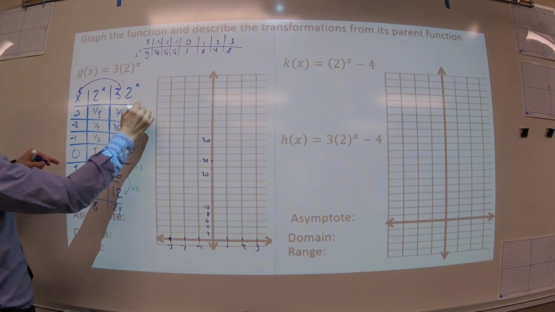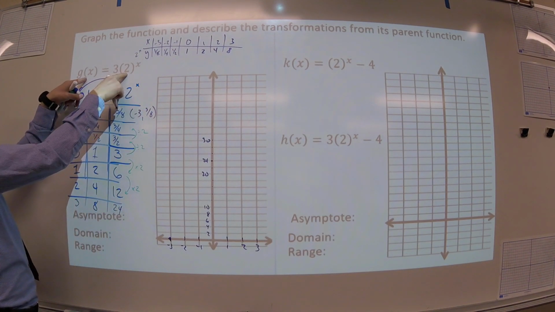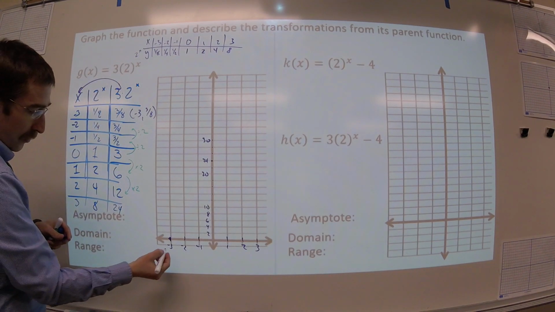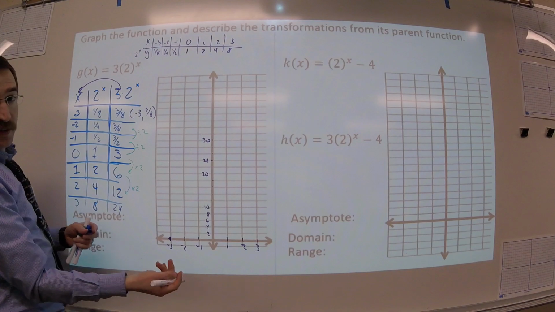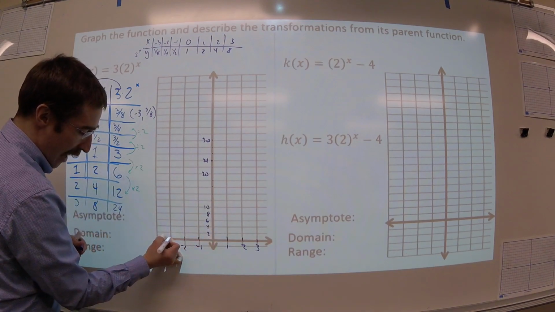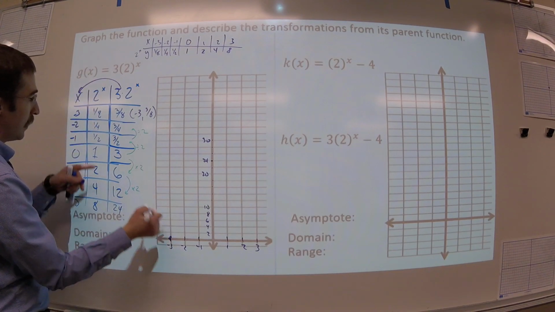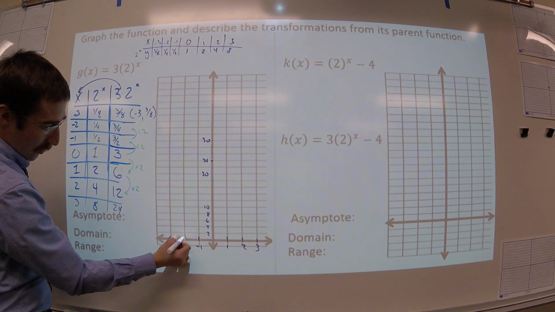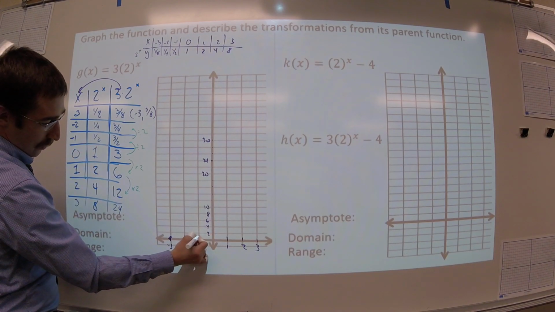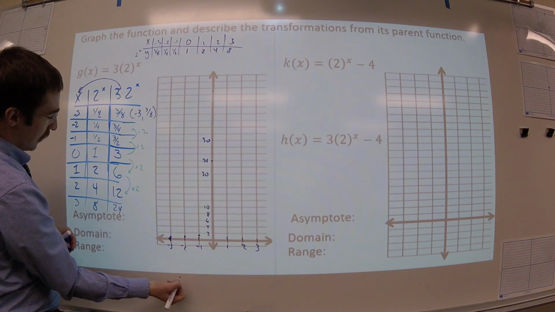So negative 3, comma 3/8 would be a point on 3 times 2 to the x. 3/8 is an eighth smaller than 4/8, so it's a little less than a half, right down here. Negative 2 is at 3/4, so it's almost at 1. Remember, we're going by 2s here. 3 over 2 is 1.5, so it's right there.